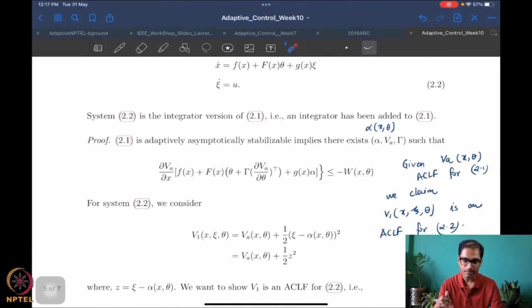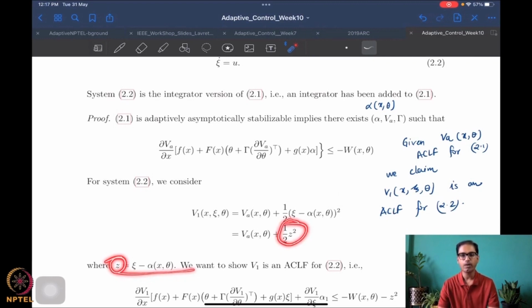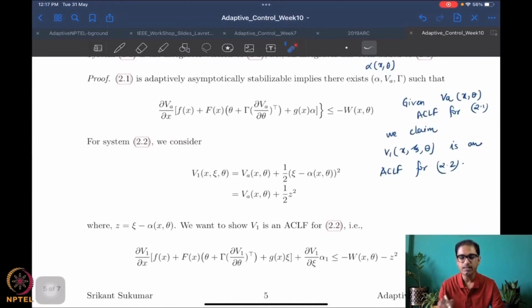What we are claiming is that from this VA, I can construct this V1, which is just a standard backstepping construction. I take the VA and add to it a quadratic in the backstepping error term. It's just psi minus alpha, defined as z, and this is just half z squared. And we claim that V1 is in fact an ACLF for this new system.